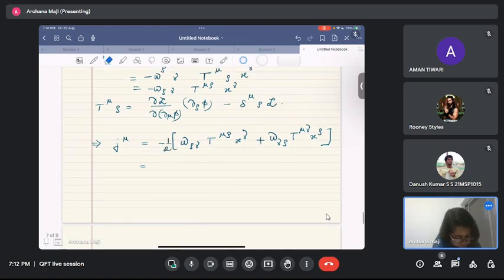Now we use the property that omega nu rho is basically minus omega rho nu.